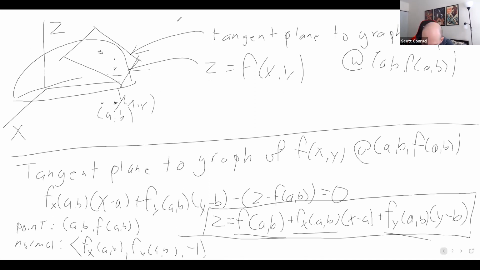Well, the way we wrote the tangent plane was we got z by itself. That was intentional. And so it's going to be approximately equal to the right-hand side here.